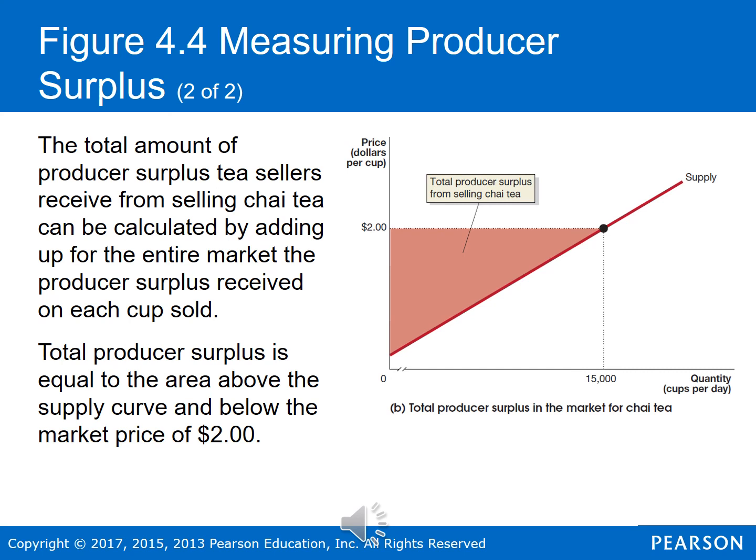So if we want to calculate the entire producer surplus received in the market for cups of tea sold, we just take the area between the price and the supply curve. So in this case, the price is $2, and there's 15,000 cups of tea per day sold at that price. So the difference between $2 and that supply curve is going to be the producer surplus.